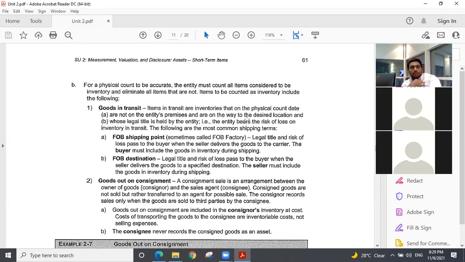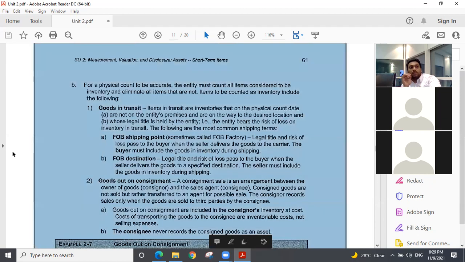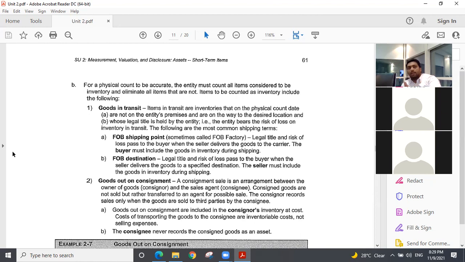FOB shipping point, sometimes called FOB factory: legal title and risk of loss pass to the buyer when the seller delivers the goods to the carrier. The buyer must include the goods in inventory during the shipping. Even though the goods are in the ocean or in the air, I have to record this as my inventory. Next comes FOB destination.